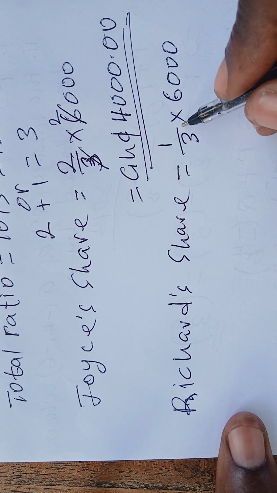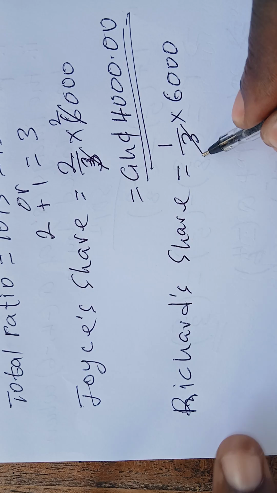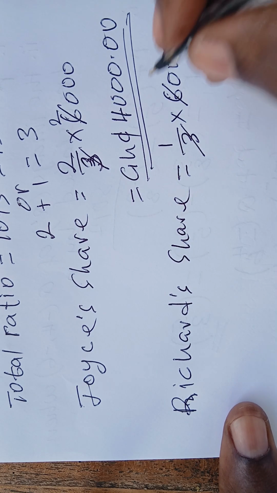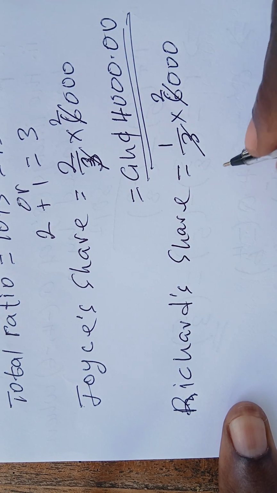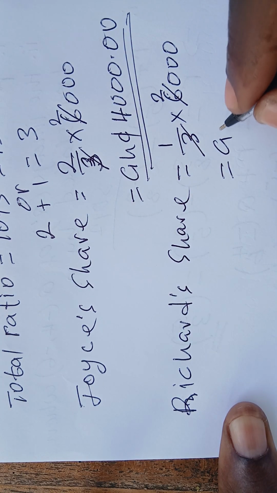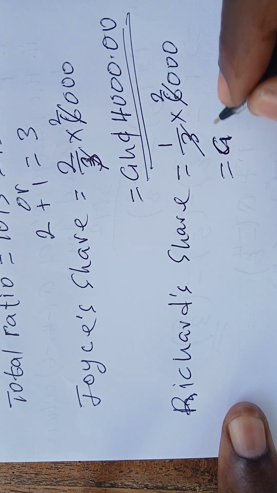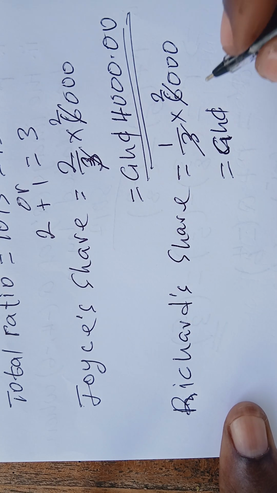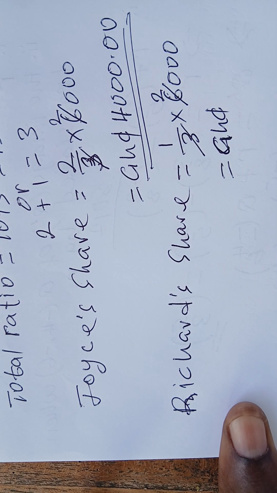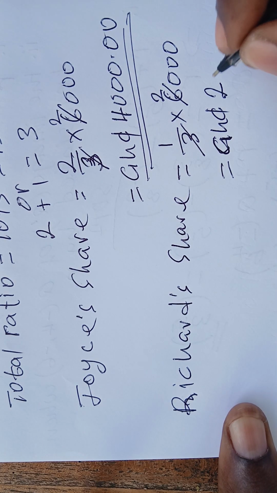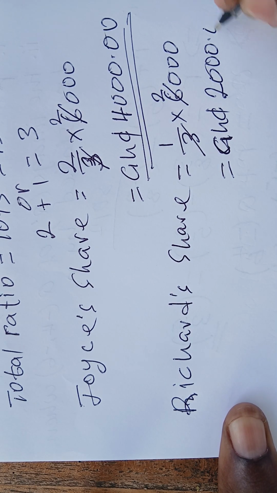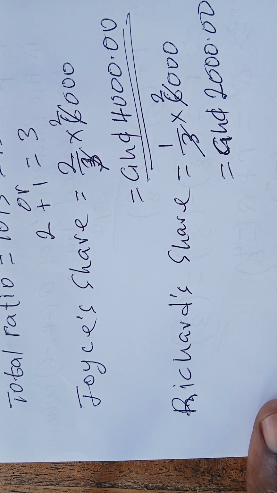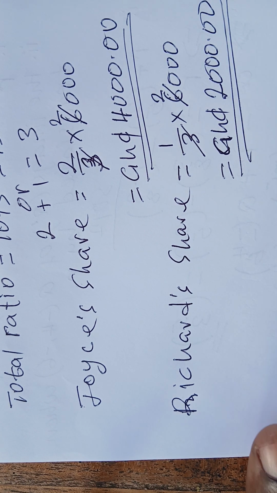So 3 goes here 1, 3 goes to 6, 2. 1 times 2, this would give me, remember we are dealing with Ghana cedis, 2 plus the 3 zeros, which is 2,000. Then you put your pesos there. So this is Richard's share.